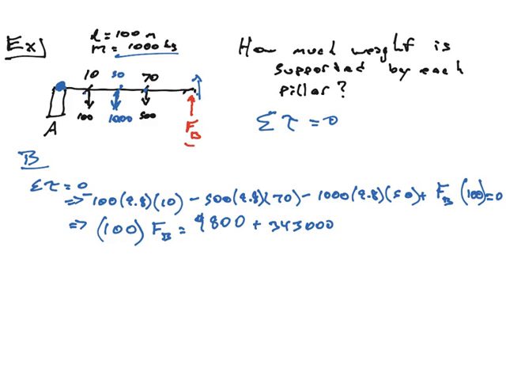And then I've got 1,000 times 9.8 times 50 is plus 490,000. So solve this for FB, and I get 8,428.